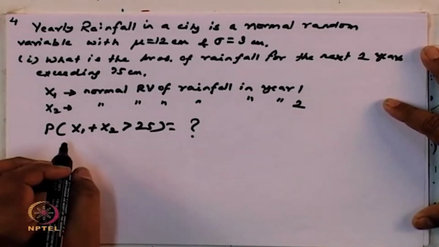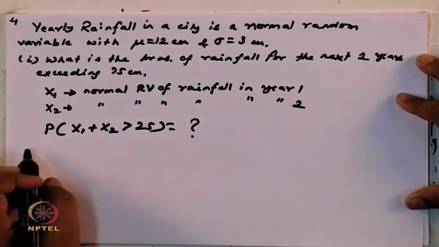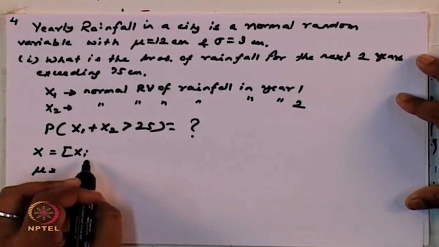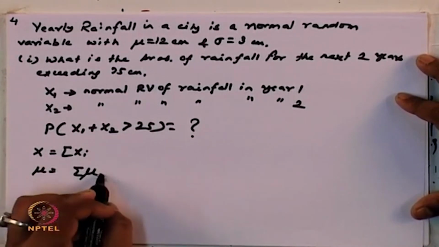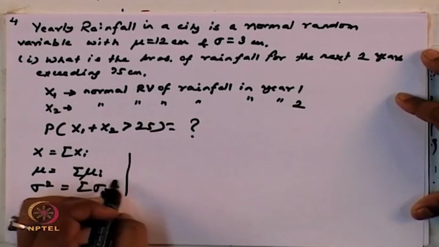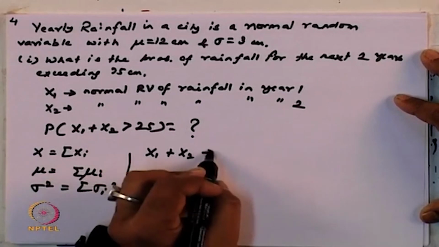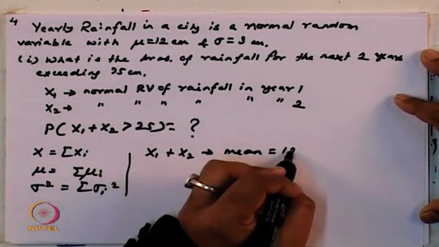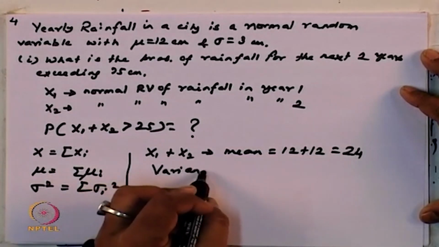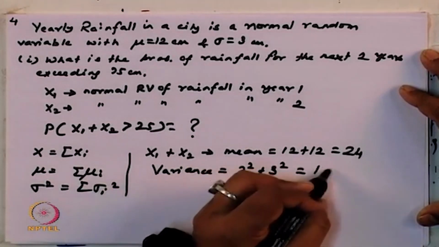Now, invoking the theorem that we just proved, for a variable x defined as the summation of xi, where the xi's are normal random variables, mu is the summation of mu i, and sigma square is the summation of sigma i square. So the variable x1 plus x2 should have mean equal to 12 plus 12, that is 24, and variance equal to 3 square plus 3 square, equal to 18.